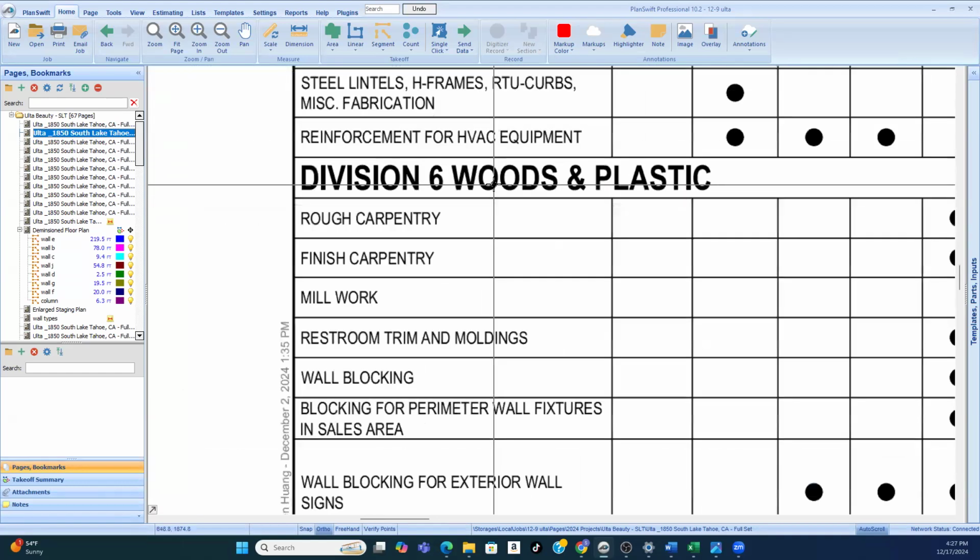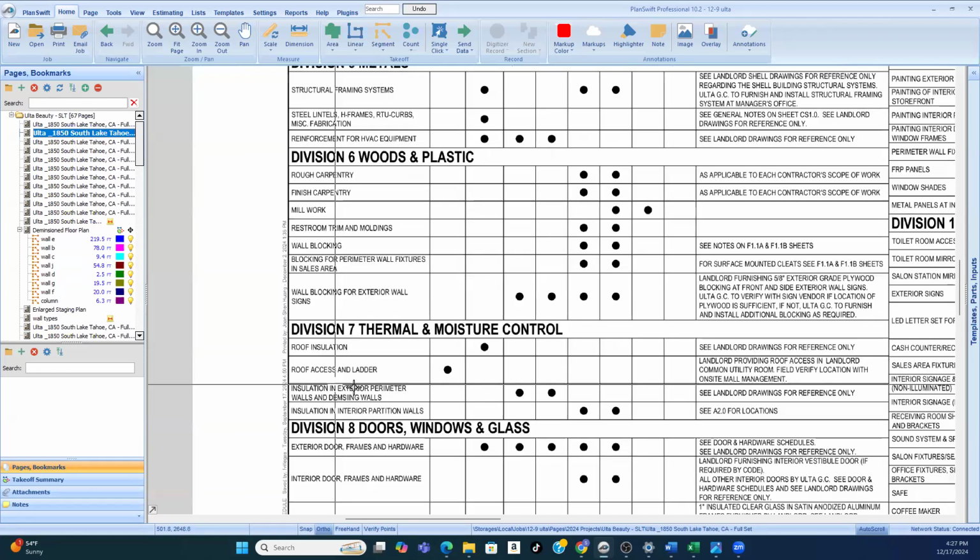So any kind of wood in the project is going to be in Division 6, and the purpose of the specifications is telling you the means and methods of how you're going to do the scope of work. If they want to see a submittal, they may want to see a piece of tile that you're going to install, and all of that will be told to you in the specifications.